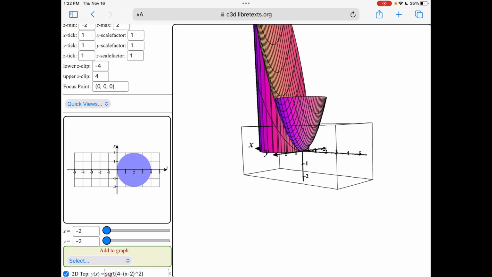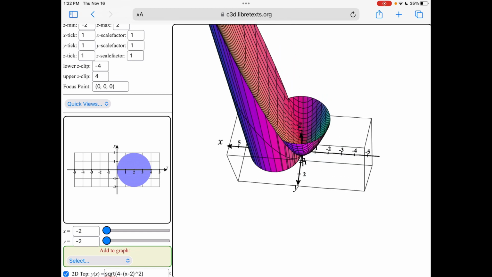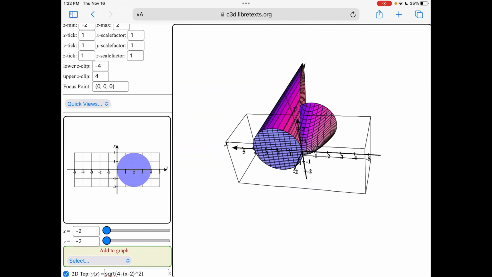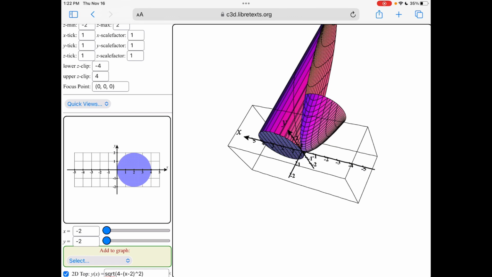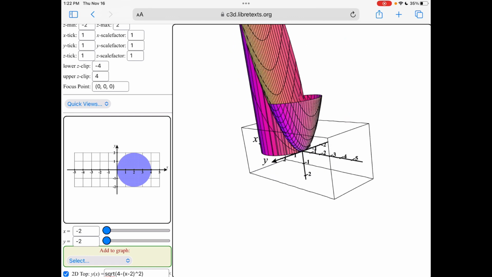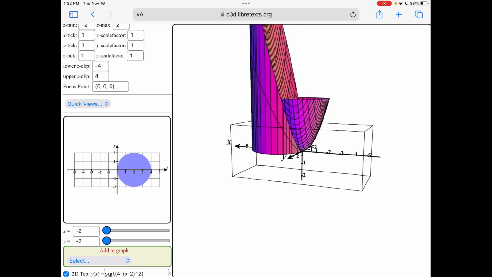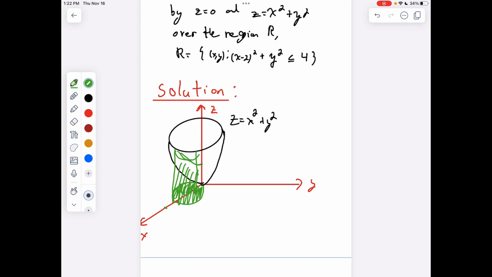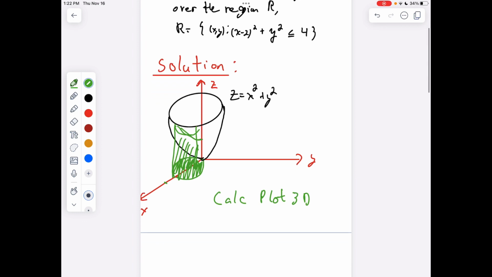And the volume basically consists of this big chunk whose base is that circle, okay? I'll give you an idea what this looks like in 3 dimensions. And by the way, I totally recommend this website where I plotted it. It's called CalcPlot3D. Very useful site when you're plotting things out in 3 dimensions.